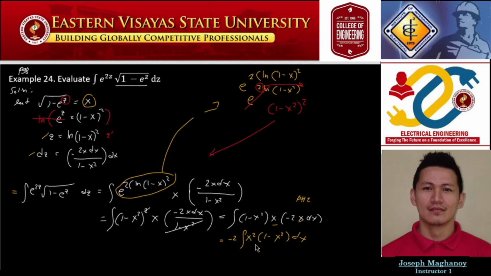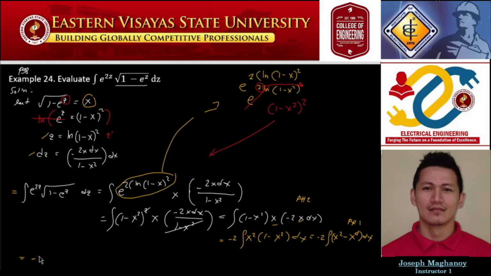Okay. Then what will happen next? Distribute x squared inside. So this is negative 2 times the integral of quantity x squared minus x to the 4th dx. You apply your property number 1 here, you distribute your negative 2 inside this quantity.